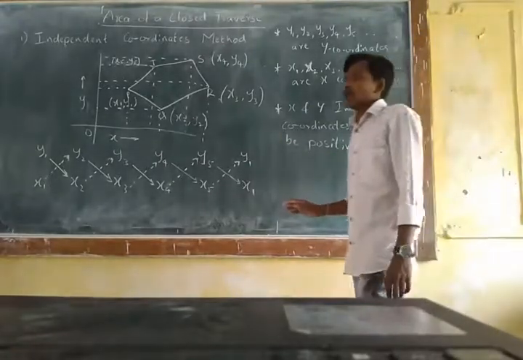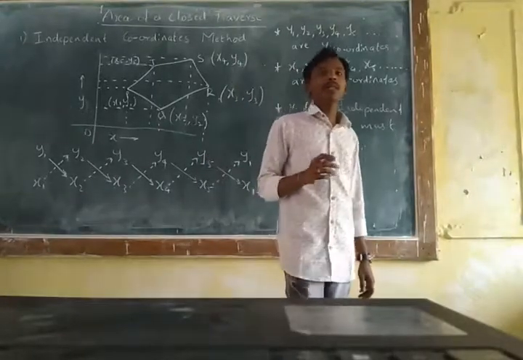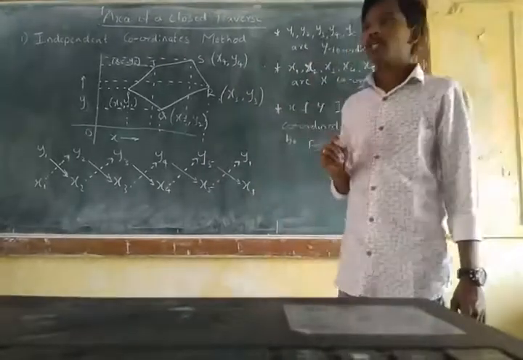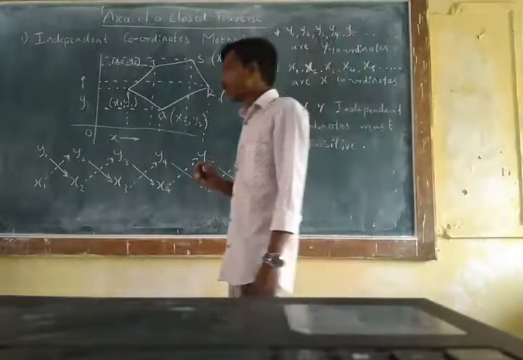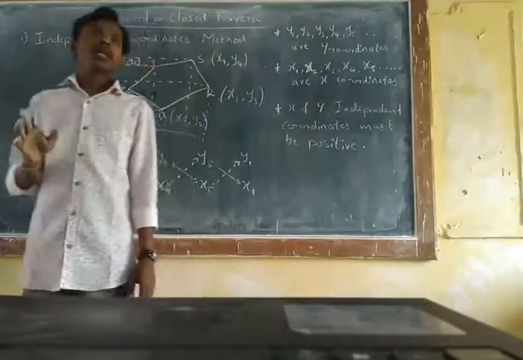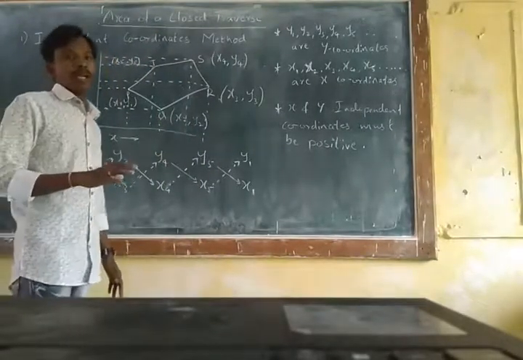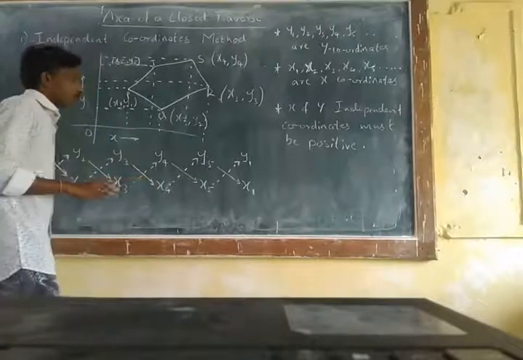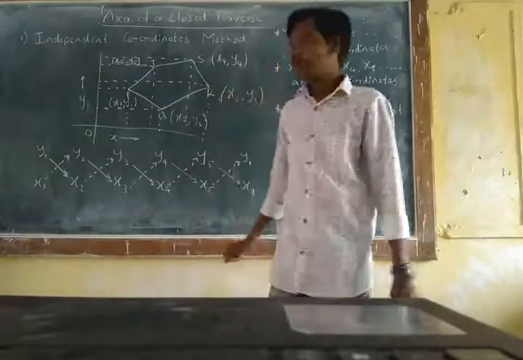So as we calculate the latitude and departure, we get latitudes sometimes in positive and sometimes negative values, and the same for departure. Now by using those, we have to make the x and y coordinates positive. So for that we have to add an arbitrary coordinate.